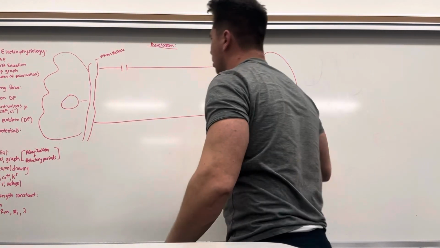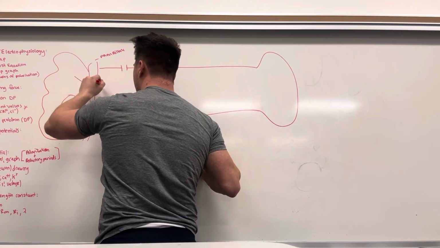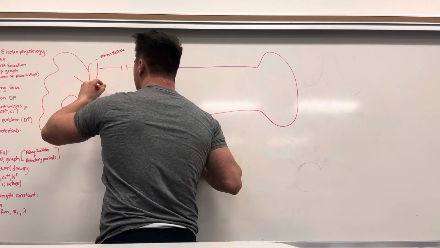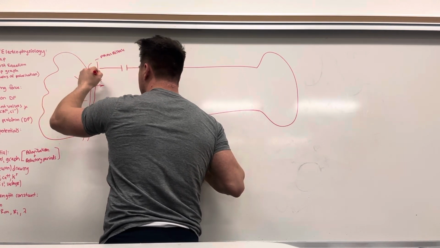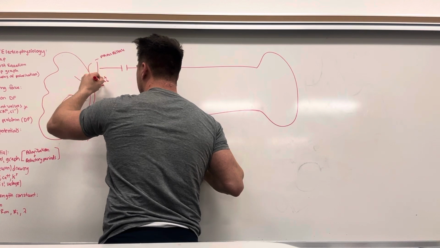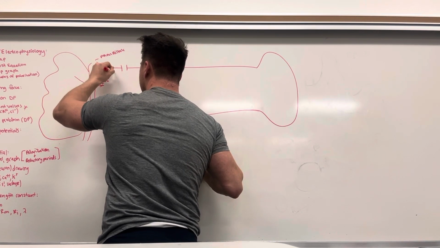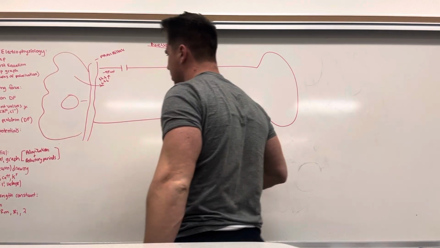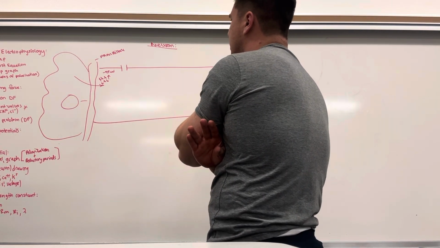What ends up happening with a neuron is you have a stimulus that reaches here. And this stimulus could be anything that changes the charge in here to exceed threshold, negative 55 millivolts. It could be hyperkalemia, where it stays a little bit more positive.